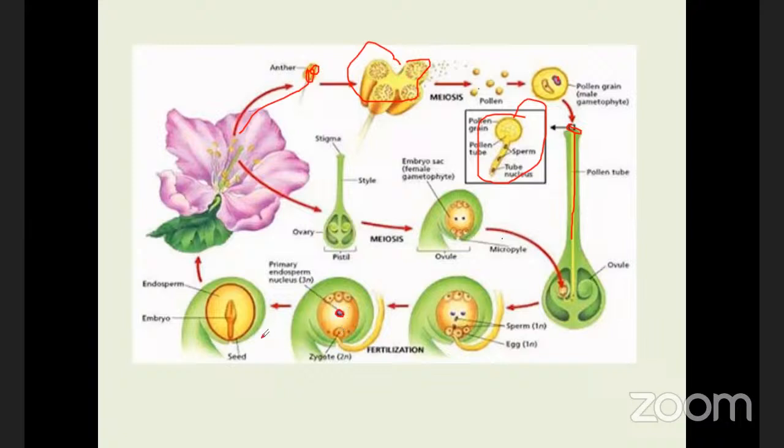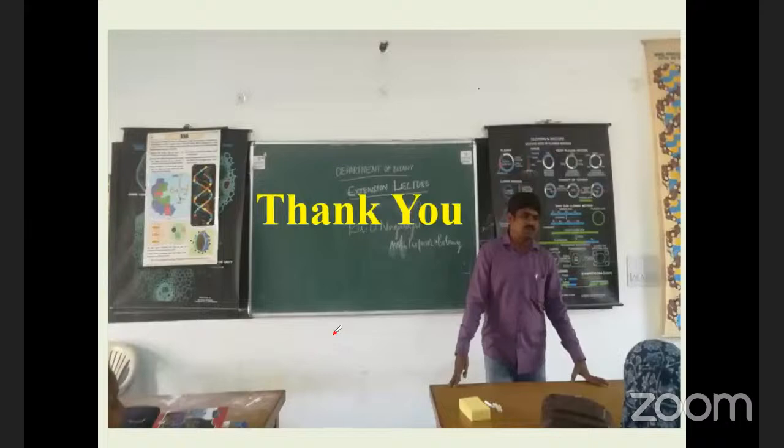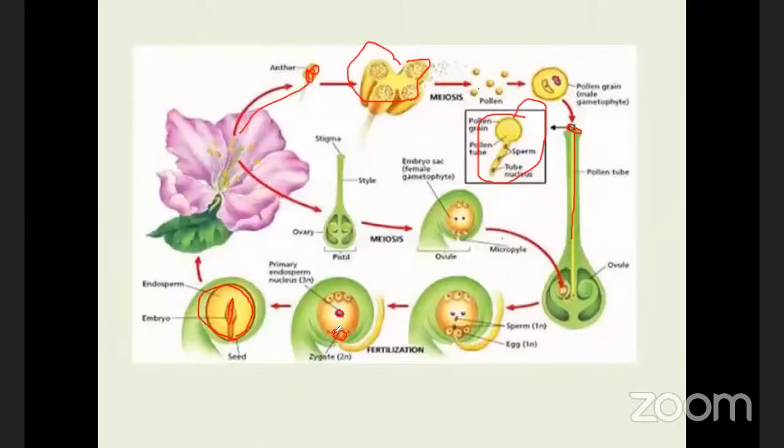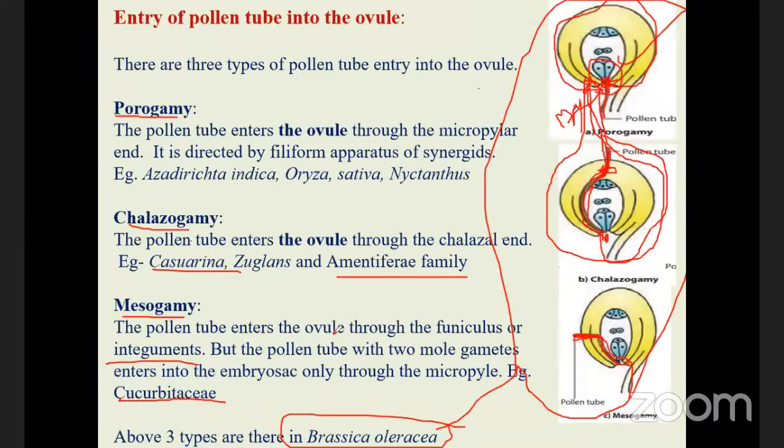The zygote will become the embryo, and the ovule will become the seed. This is the overall fertilization process happening in angiosperms.